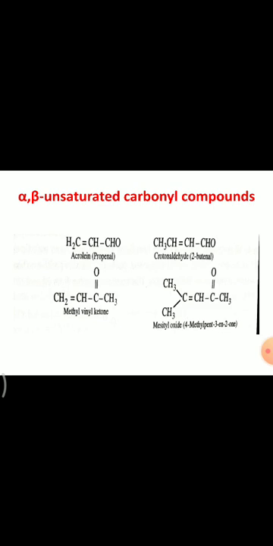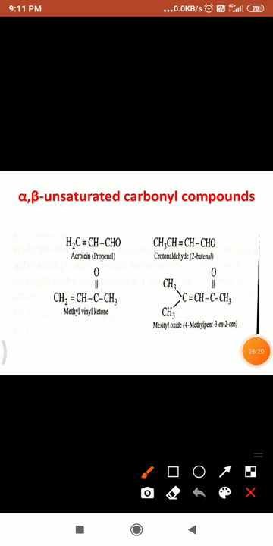That means a compound having a carbon carbon double bond in conjugation with the carbonyl group is called an alpha beta unsaturated carbonyl compound. For example, see here, these are some examples.